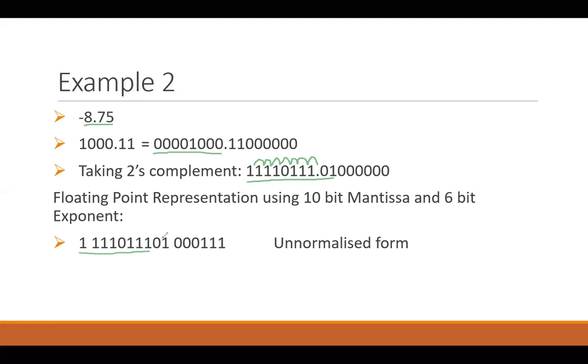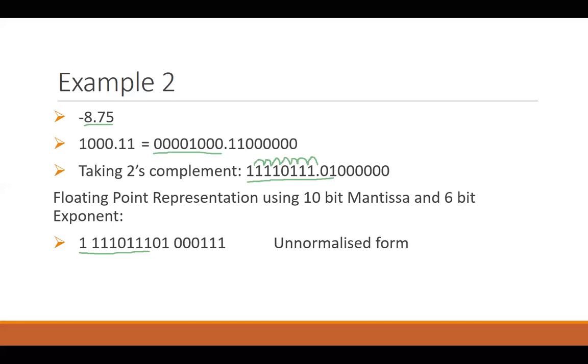So these 2 bits would have been gone, and the accuracy of my value would have been compromised. This is what I said in the start: increasing the length of the mantissa gives you greater accuracy of your value, and increasing the exponent gives you a greater range of your value.